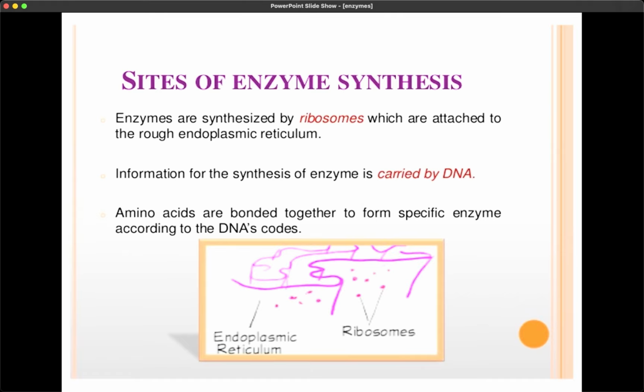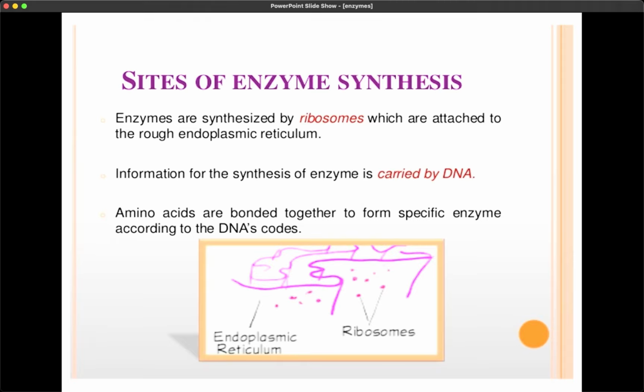Now, looking into the sites of enzyme synthesis, there are many sites of enzyme actions. Enzymes are synthesized by ribosomes. I hope you all know it is basically protein, and it is synthesized from the DNA through the RNA, and translation brings about the formation of amino acids or proteins with the help of ribosomes.